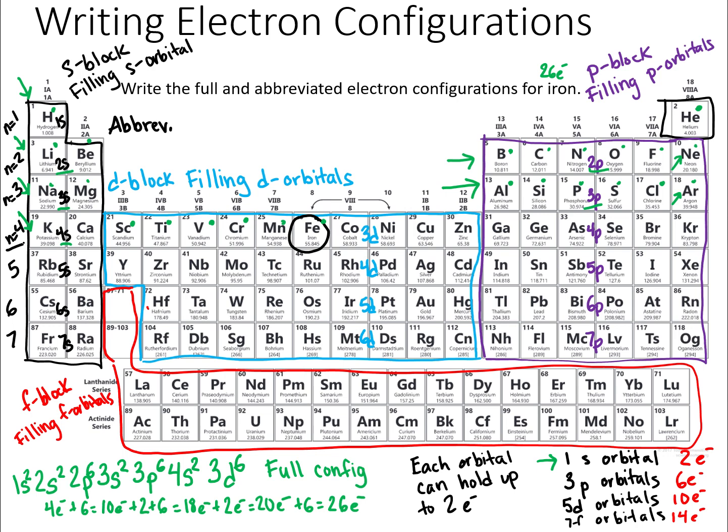If we want to represent all of the electrons that come before n equals 4, we need to use a noble gas that has that configuration. We're looking at n equals 4. We need the noble gas, which the noble gases are in group 8A, the very last column. You want the n equals 3 noble gas, which is argon.